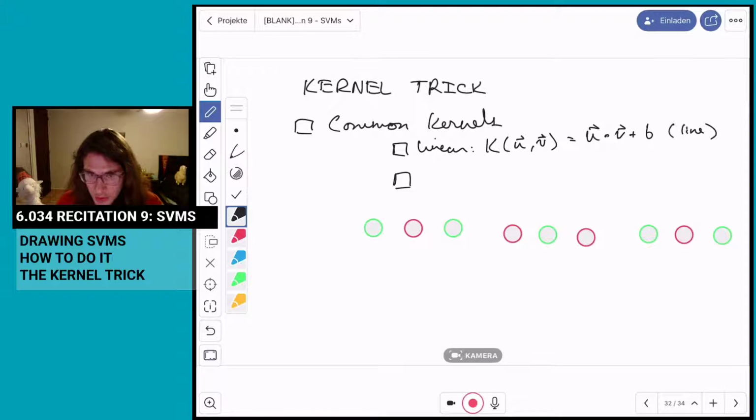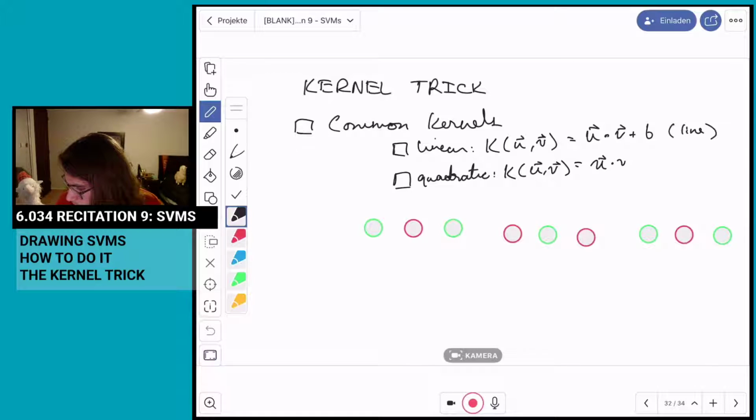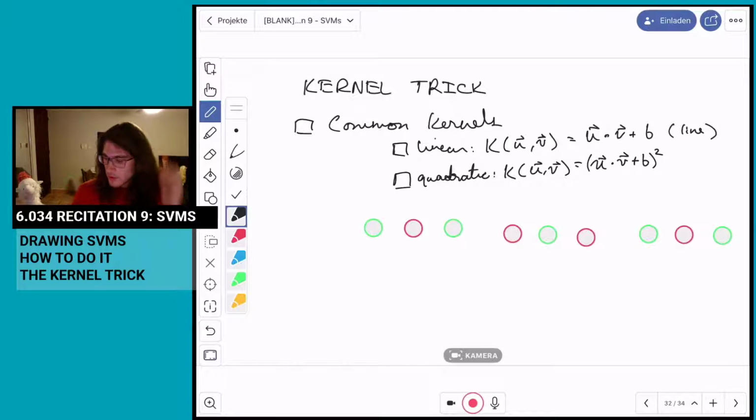The next one starts getting a little bit more interesting. The quadratic kernel. K of u and v is equal to u dotted with v plus b, squared. And what this does is it draws any conic section.